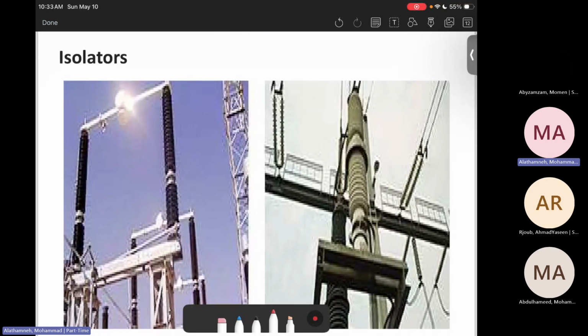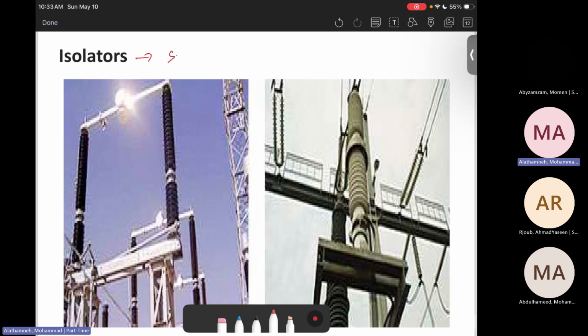Isolator, again, when we turn the power on and off, if there is a load condition, there will be a big spark. But if there is no load condition, it's supposed to work.